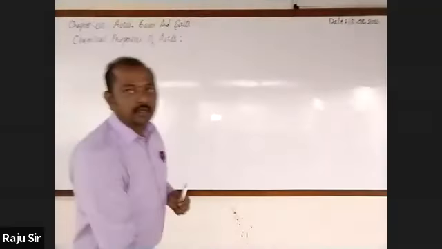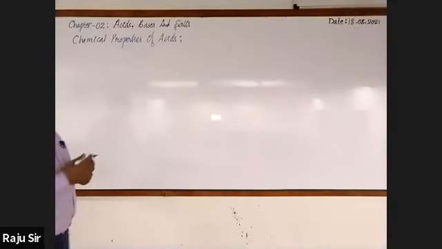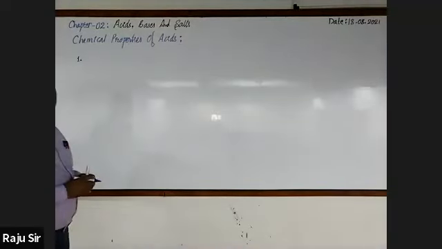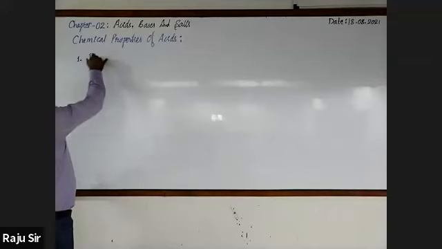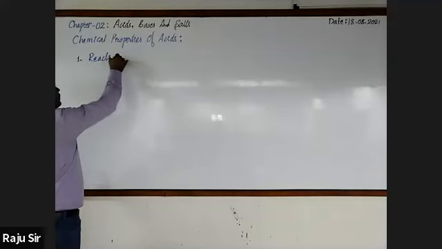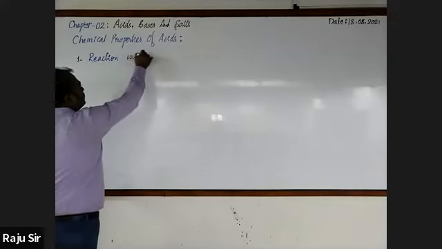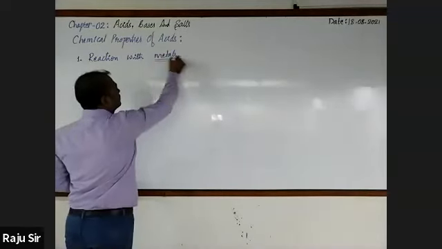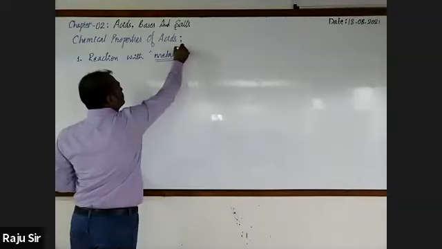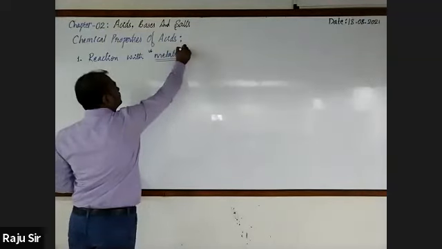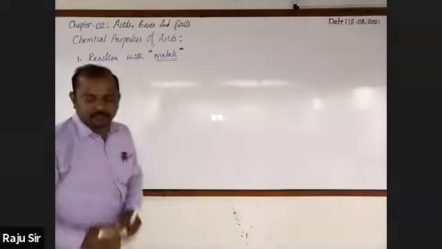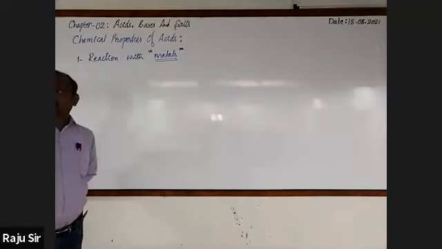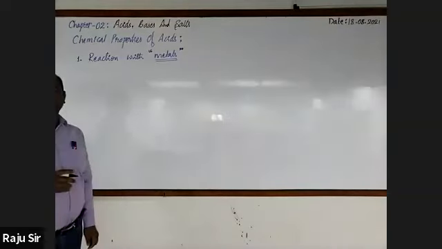Among them, let me take the first one, reaction of acids with metals. Now we will come to know what happens when acid reacts with metal. Please don't write anything now. Just keep observing the board.